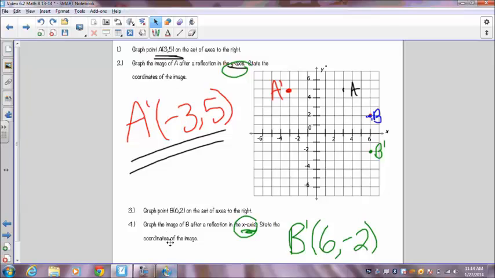Similarly, when I took the B and I reflected it over the x-axis, the x value stayed the same, and the y value is what changed to its opposite. So when you reflect over the y-axis, the x becomes the opposite sign, and when you reflect over the x-axis, the y becomes the opposite sign.